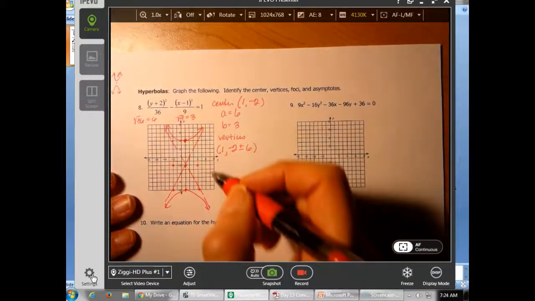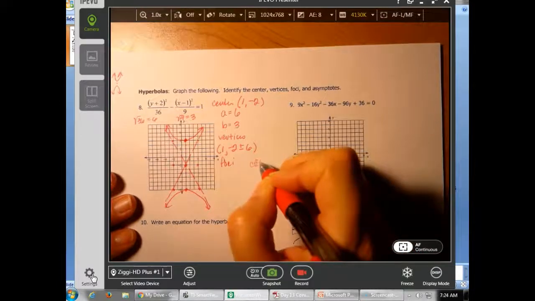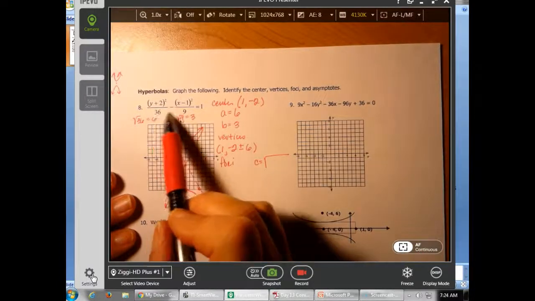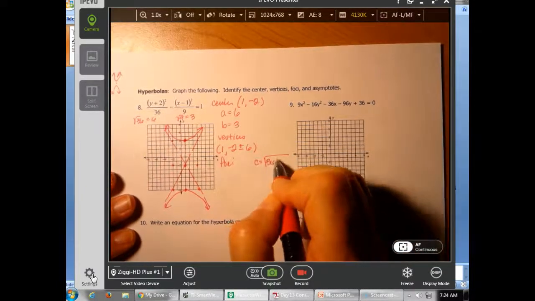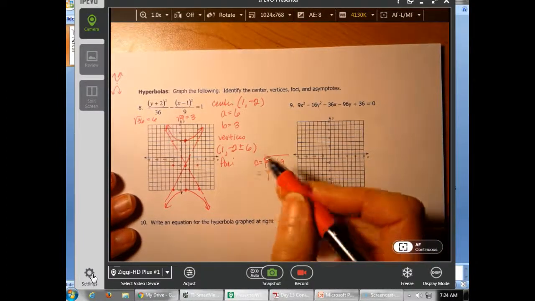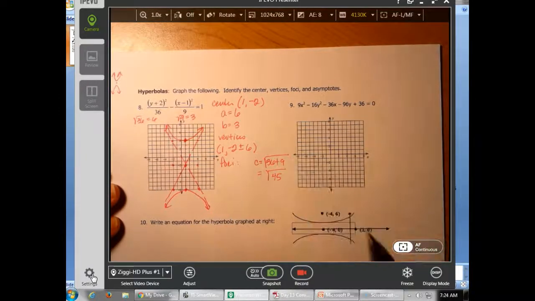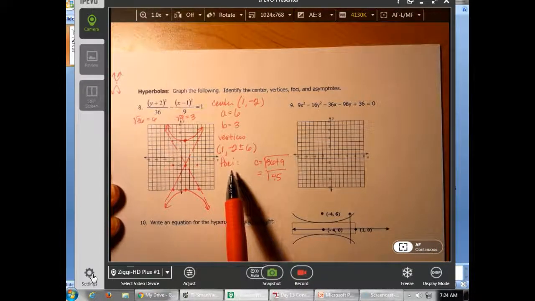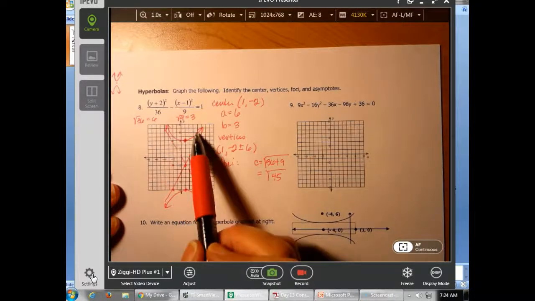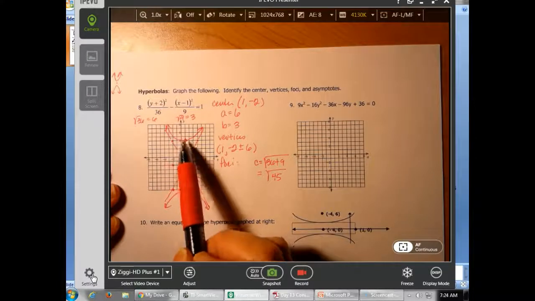So the foci here, I need to find C. So C is going to be the sum of the two denominators. So this is a little bit different than the ellipse, obviously. Okay, that's going to give me the square root of 45. So remember that for the foci, for the hyperbola, they are inside the curve, which means I've got to go past this movement up by 6.